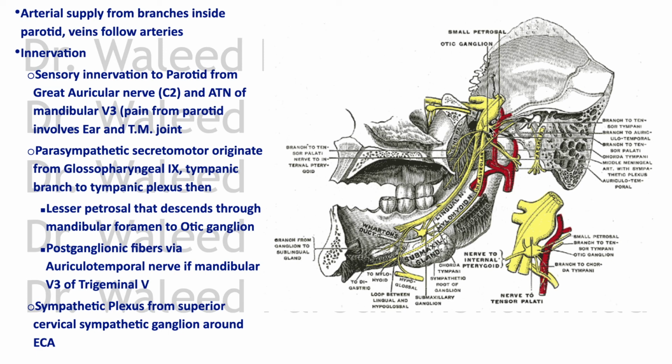Now what happens? The lesser petrosal is preganglionic parasympathetic fibers. It will synapse, so you expect postganglionic parasympathetic fibers that will come out of the otic ganglion, finds a way to reach the gland, which is through the auriculotemporal nerve, will take it back to the gland.